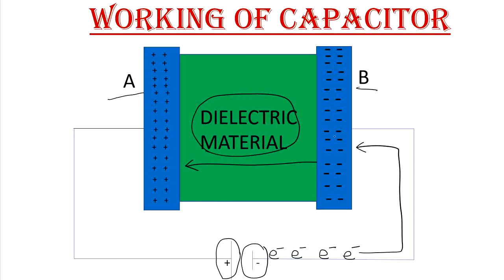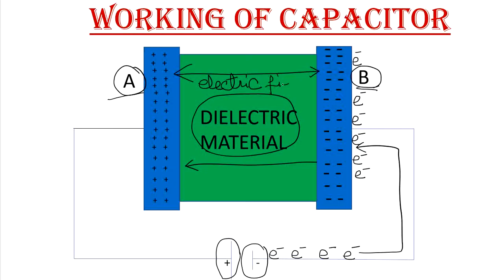That is why the electrons start accumulating on plate B, and because of this excess amount of electrons accumulated on plate B, plate B becomes negatively charged. Whereas by the same process, plate A becomes positively charged. Because of this, there is a potential difference between these two plates, and this potential difference creates an electric field within this capacitor.